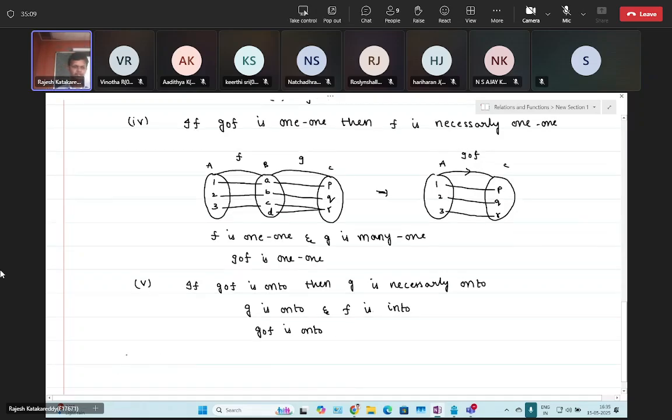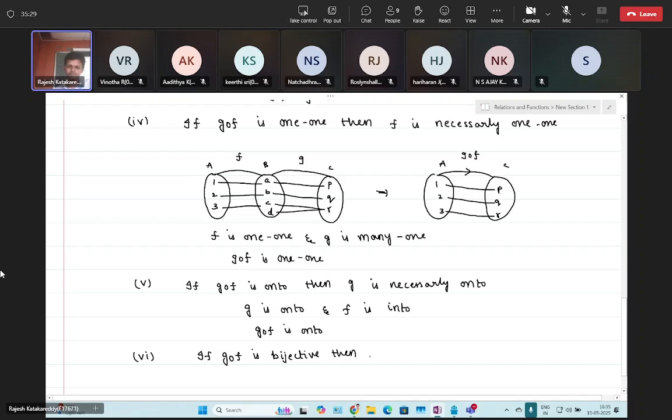Now combining 4 and 5, I can write in the sixth one: if g composition f is a bijective function, then what can we say?